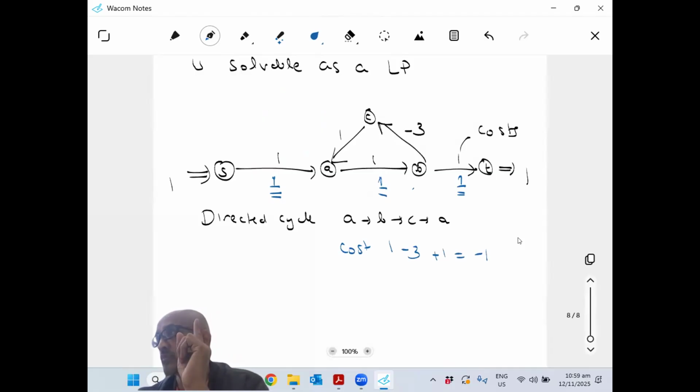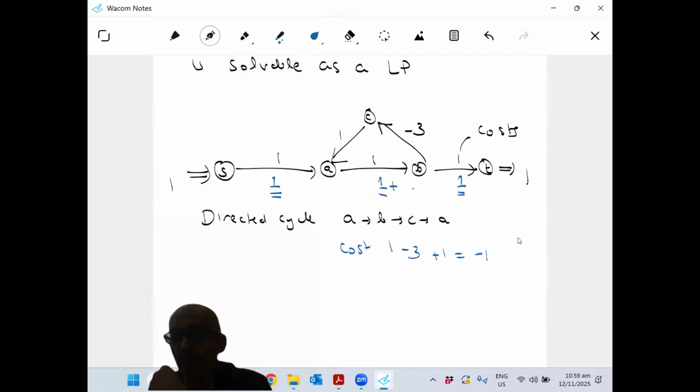That's attractive. So why don't I send 2 units here, 1 unit here, 1 unit here? This satisfies flow conservation: 1 coming in, 2 going around, 1 going out.